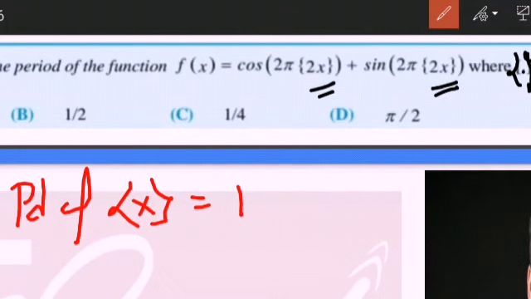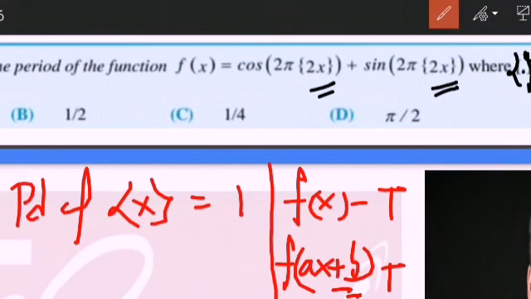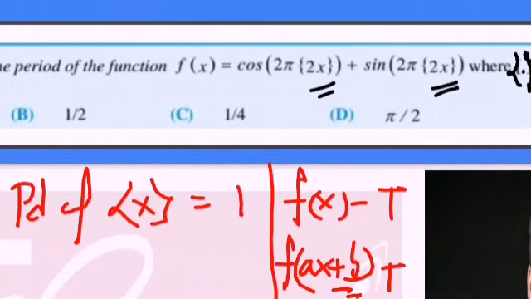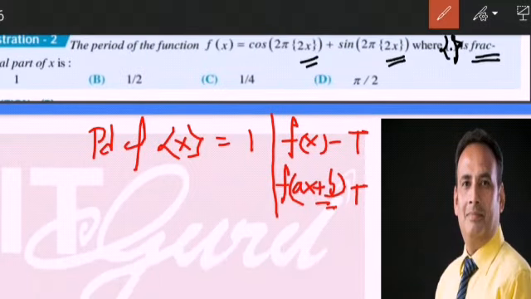And we also know well that if f(x) is periodic with period T, then the period of f(ax plus b) is T upon mod a. Let me note down here: T upon mod a.